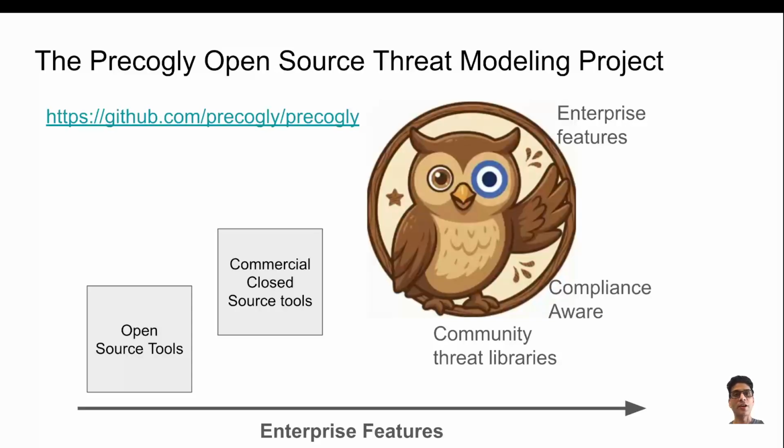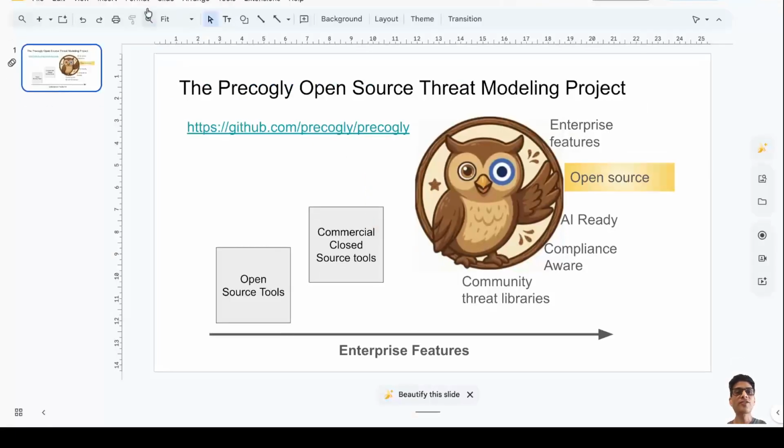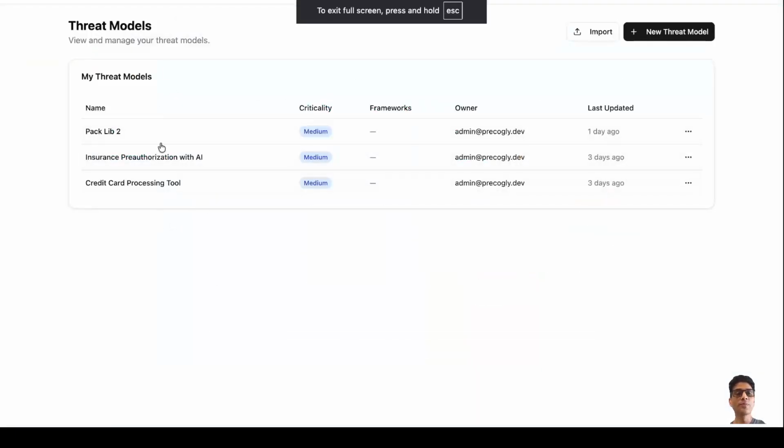You have threat libraries that are also very compliance aware, so you could add in standards and compliance features. It's of course AI ready, where you can actually add in your AI tools on top of Precogly. And finally, and most importantly, it's open source, so you can start hacking away at it right away and understand what's underneath the hood. So let's just take a quick drive through the tool.